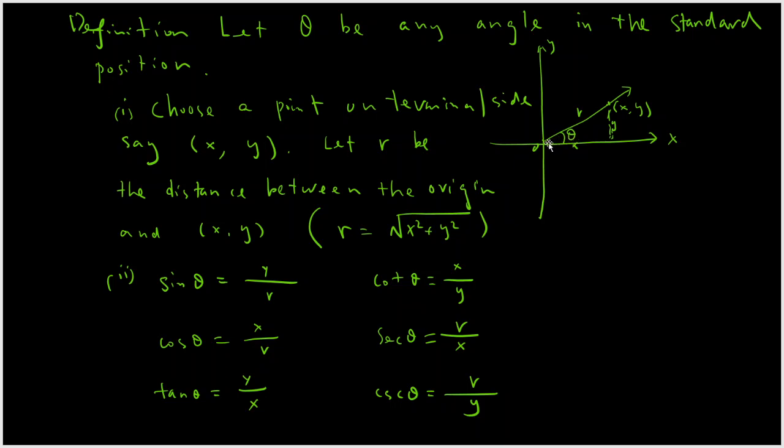For any angle, you have a terminal side, and then you choose any point on the terminal side. You have the x value, the y value, and the r value, and then you can define the trig values for any angle. That's why I said this definition is more general. So that makes sense? But essentially it's coming from the special case, the SOHCAHTOA stuff.